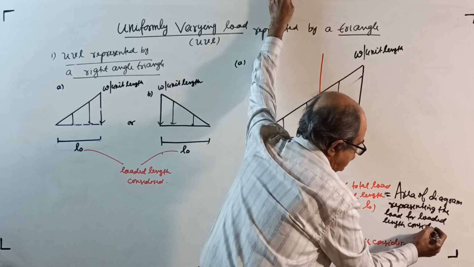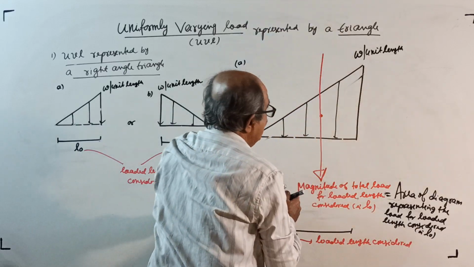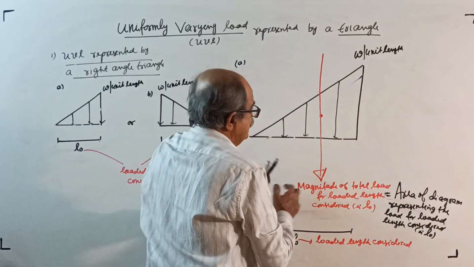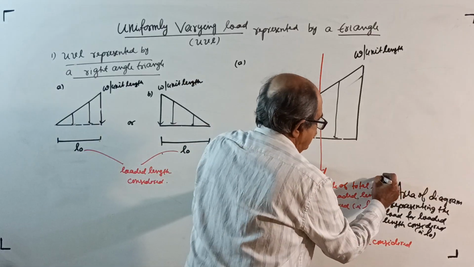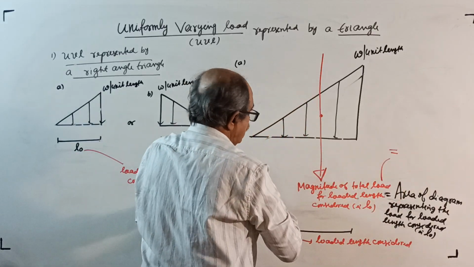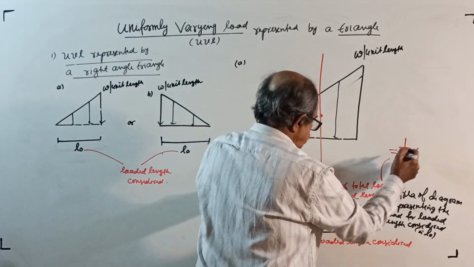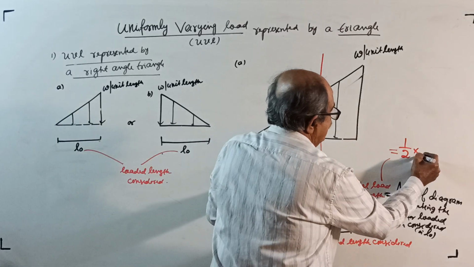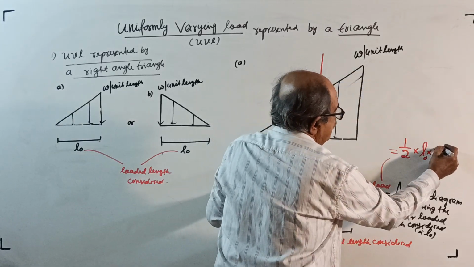That is the area of that length L0. So you can write here equal to half into base L0 into height W.